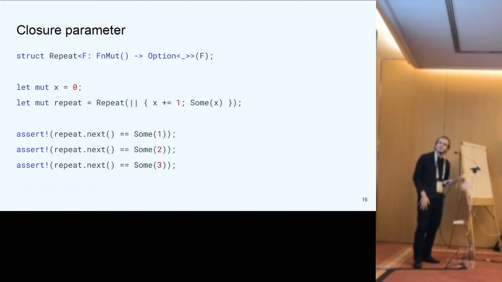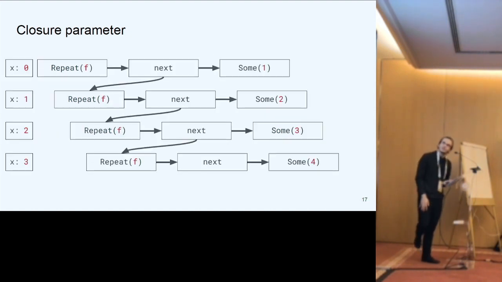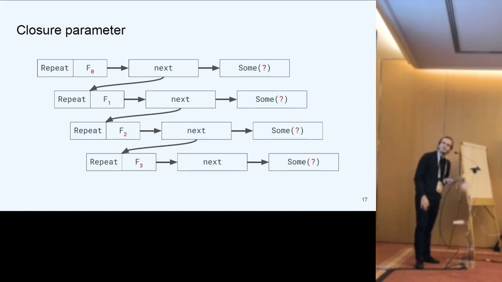Namely, repeat owns this closure for the duration of its lifetime, and in turn, the closure owns, or mutably borrows, or captures, whatever you want to say, this x variable. So the way we can represent these states is more accurately this way, where the repeat iterator contains this x variable for the duration of its iteration. More generally, this repeat iterator will contain some function states.